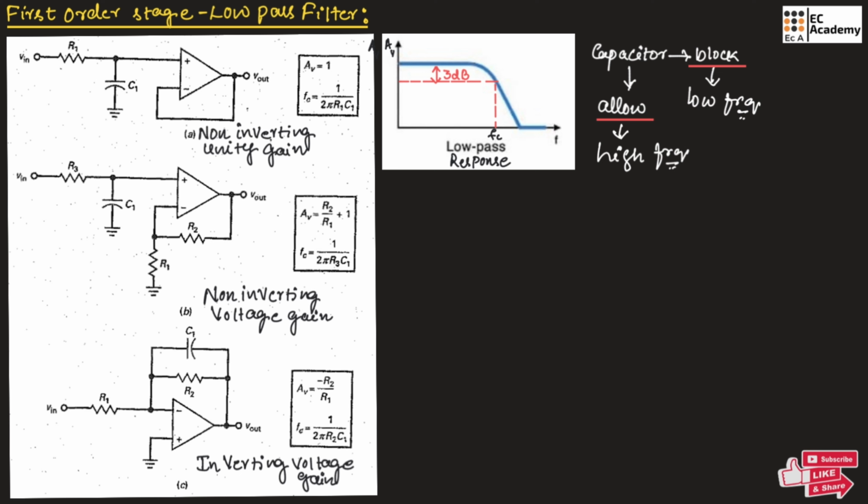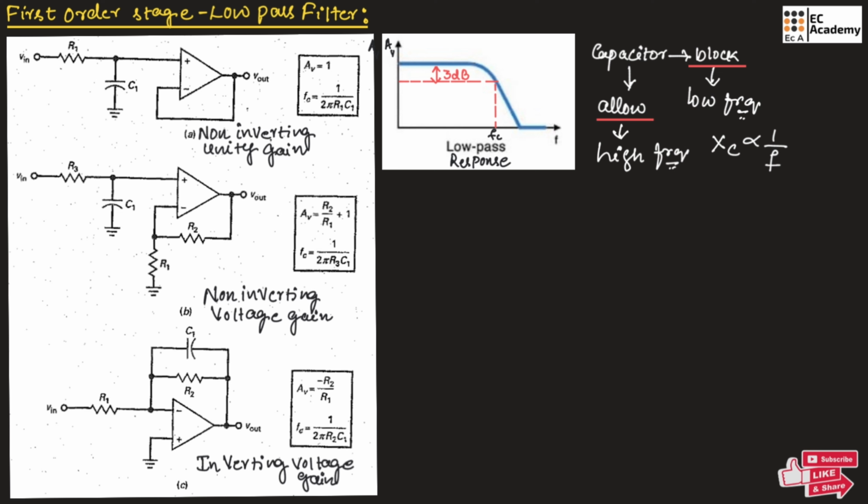Since we know the reactance of the capacitor is inversely proportional to frequency, if the frequency is high, the reactance will be low. That's why the capacitor will allow the high frequency, and if the frequency is low, the reactance of the capacitor will be high. That's why it will block the low frequencies.